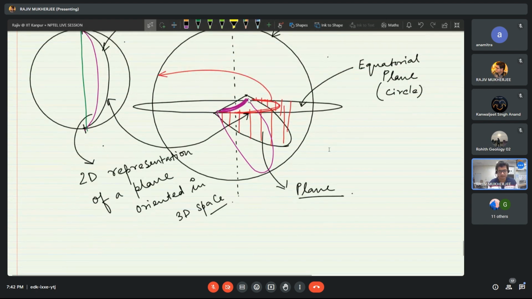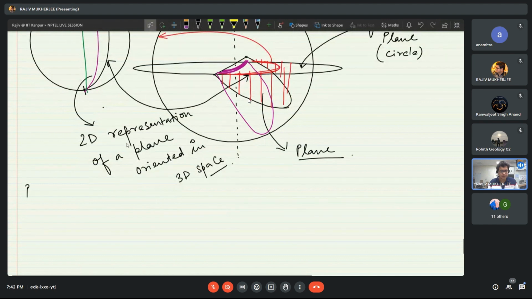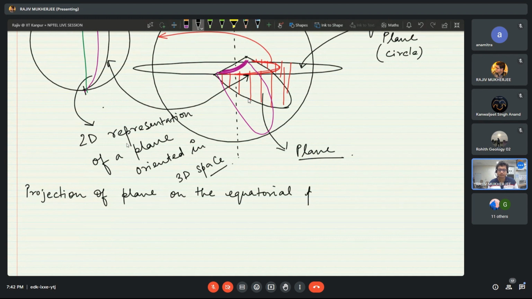Now the thing is, the projection of a plane on the equatorial plane is a line.